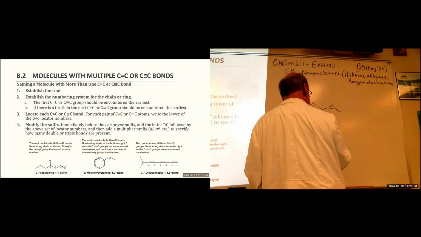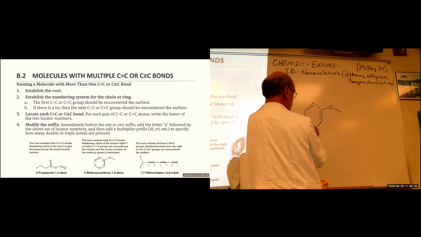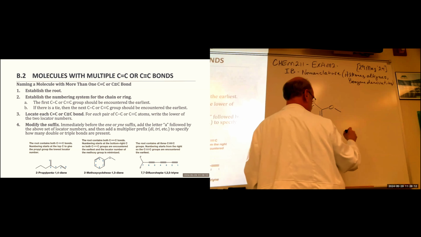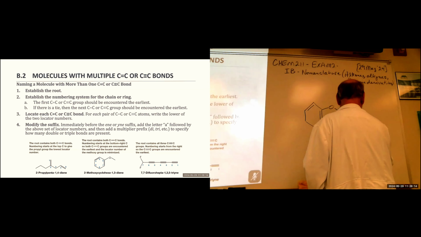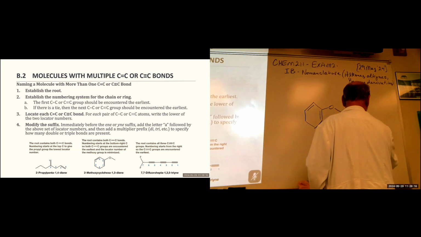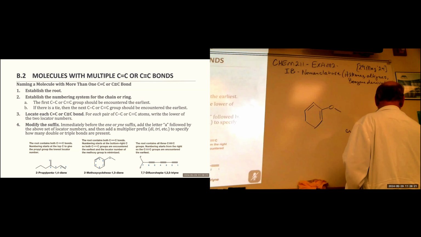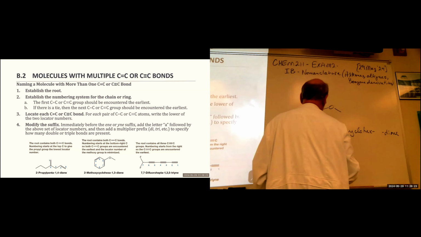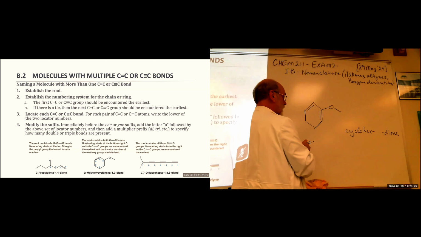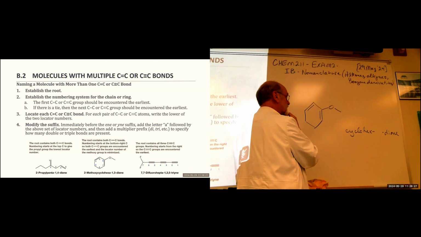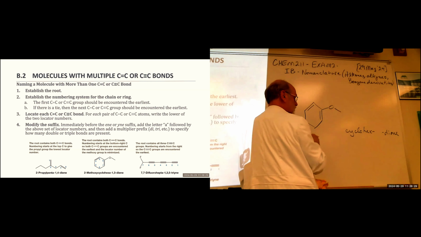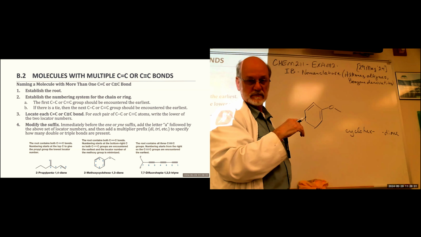Okay, so to include these 2 double bonds, we need the cyclohex, and then we have di-ene. So where do we start here? We start so that we can give the attached group the smallest number.